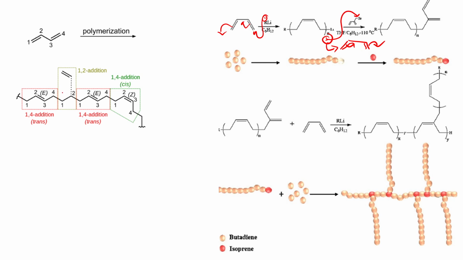So there are actually many possibilities, because 1,4 addition is possible in that way, and 1,2 addition sometimes also happens. When this 1,2 addition happens and that anion reacts, you can see a kind of branch is generated. Now along that line your polymer can go. If that kind of 1,2 addition happens, then you can expect your polymer to have this branching very prominent.